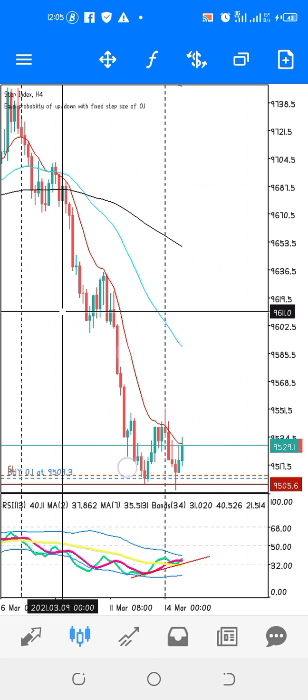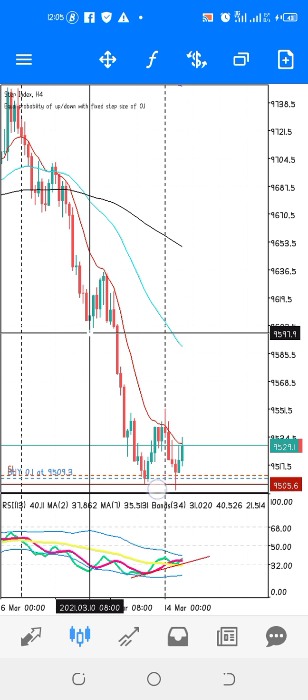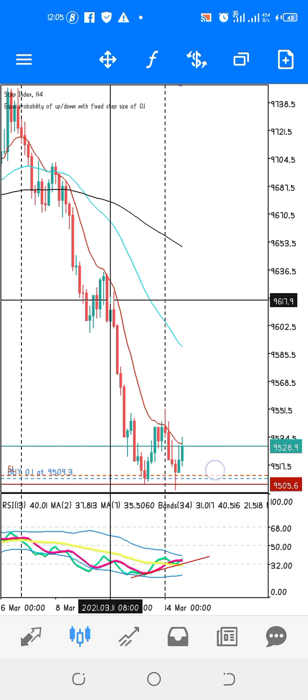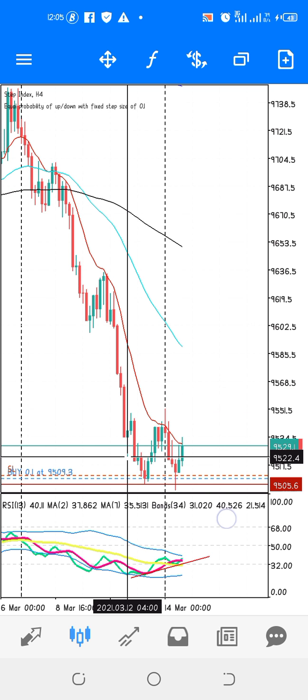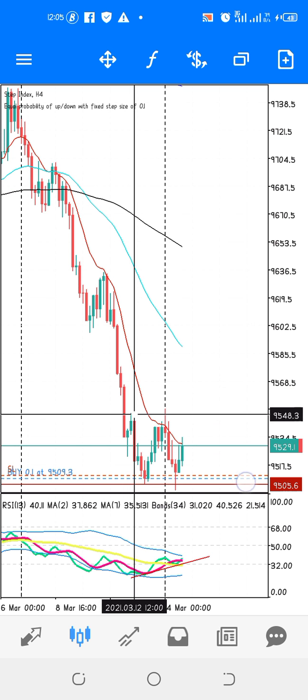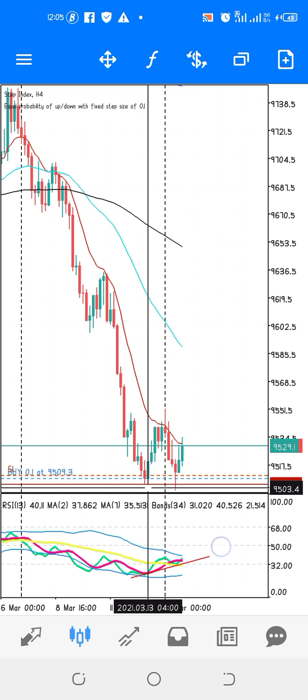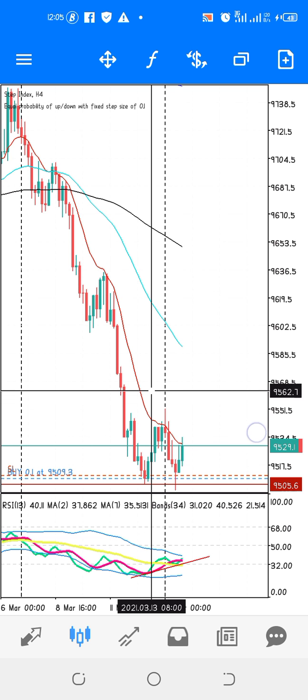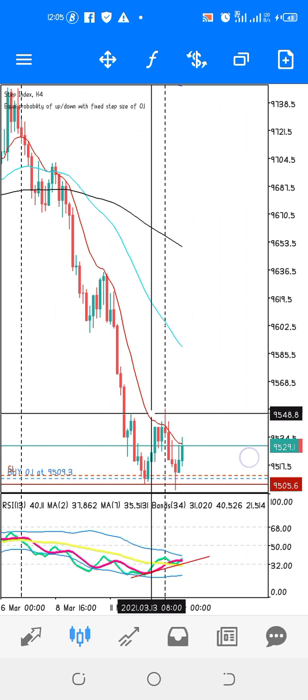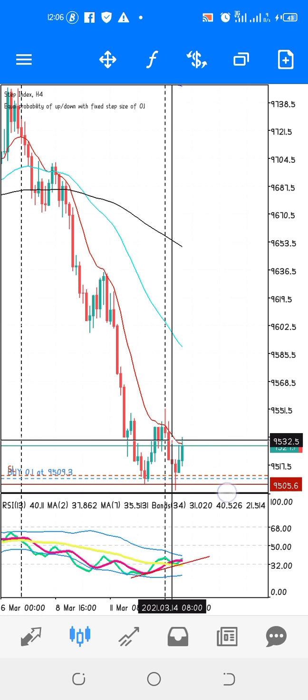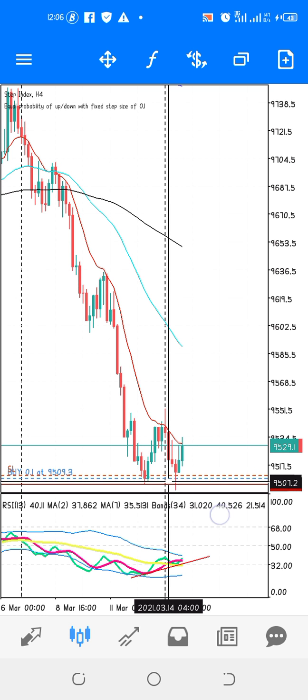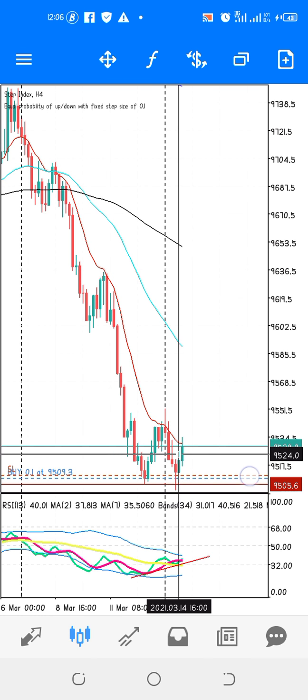Because as you can see, this was a lower low, lower high, lower low, lower high, lower low, but the market pushed up and hit the lower high and came down again to give a stop hunt to induce sellers, and it's reversing back up.